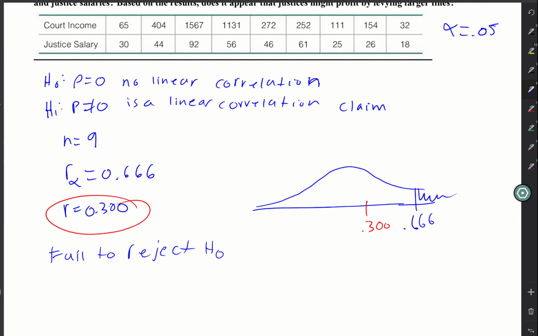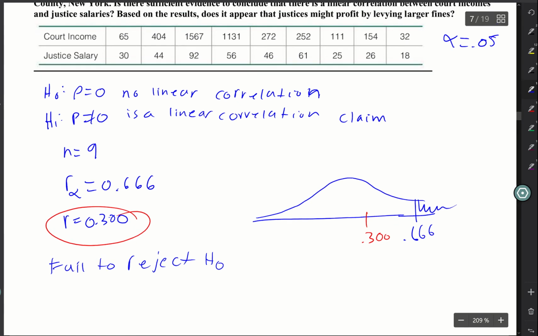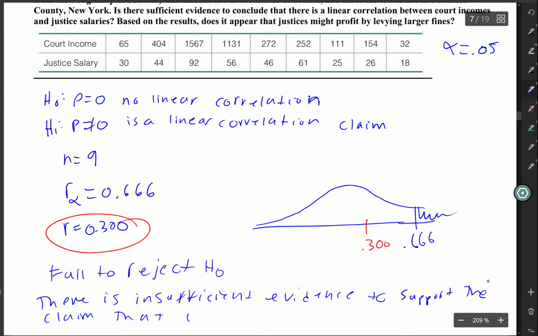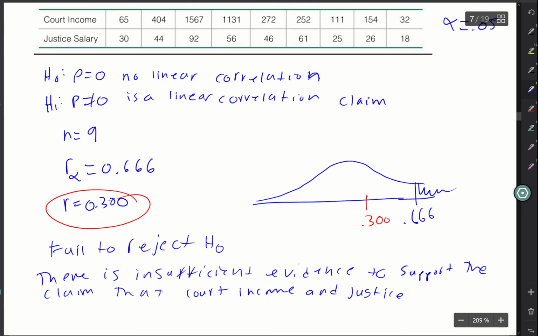So we have to assume from this that there is not evidence to support the claim that court income and justice salaries are or have a linear correlation.